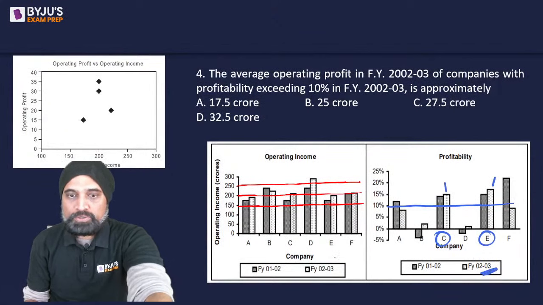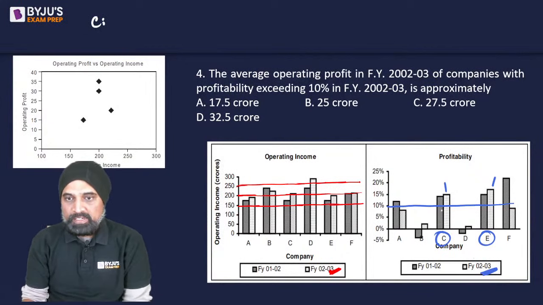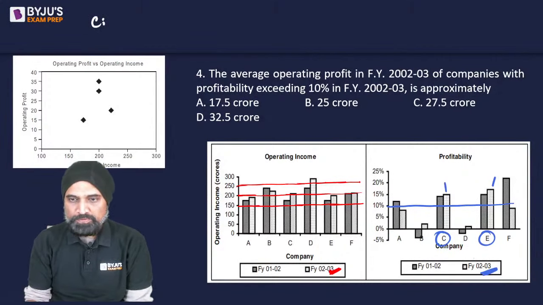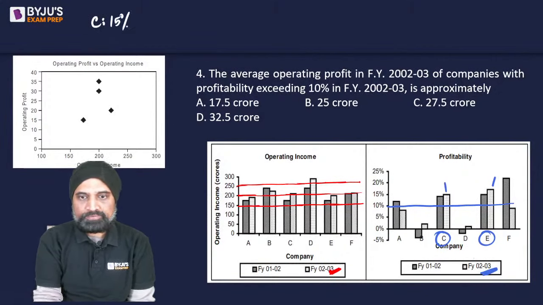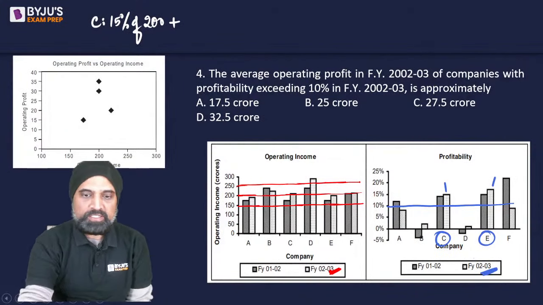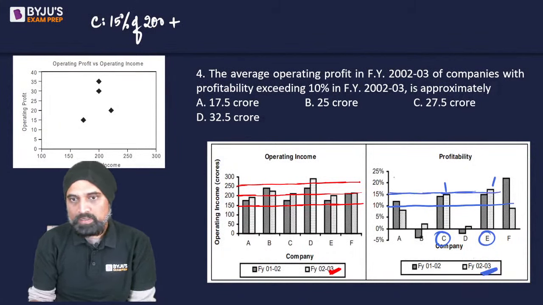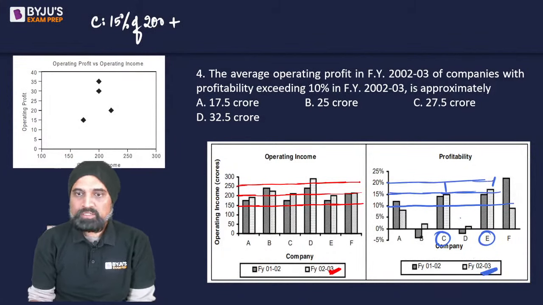Fiscal year 2002-2003. Okay, so the first one, company C, this is how much? This is 15% of, how much is that? 200. Plus company E, how much is it? What percentage is it? So this is 15 and that is 20.